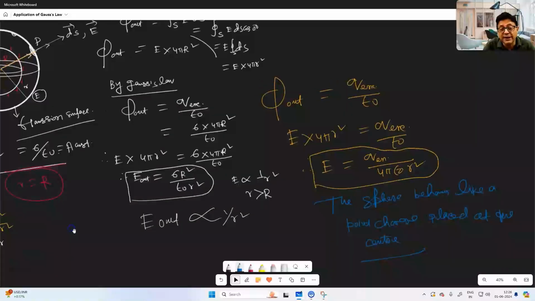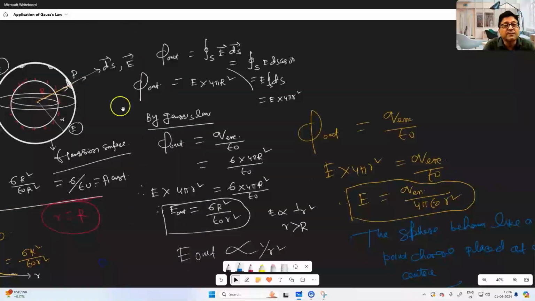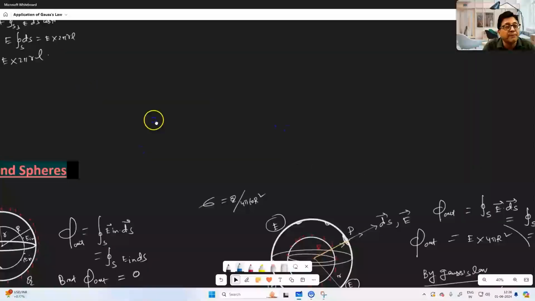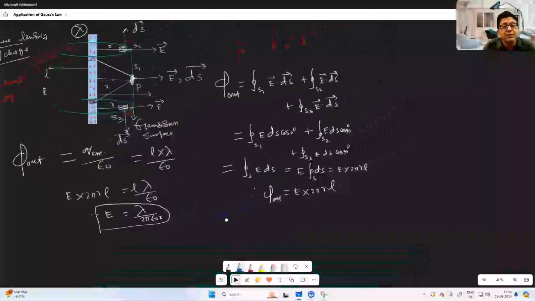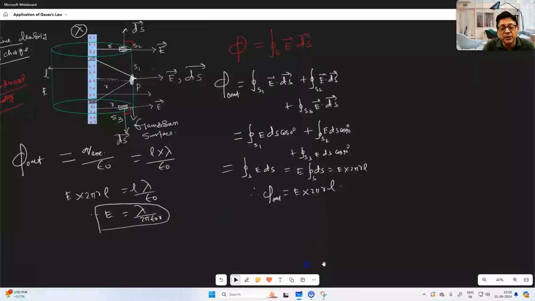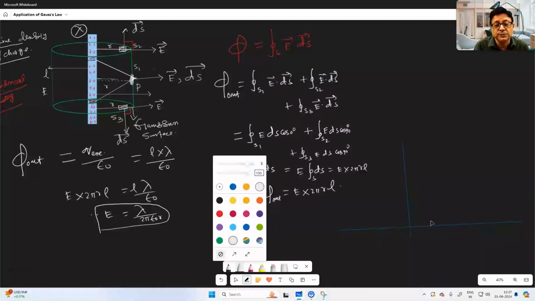This was spherical symmetry, the first one. Have I drawn the graph? Let me check once. Oh, I forgot. Here the graph is very easy to plot. You can do this without any trouble because E is proportional to 1 by R square, that is, electric field is inversely proportional to the distance from the charge.